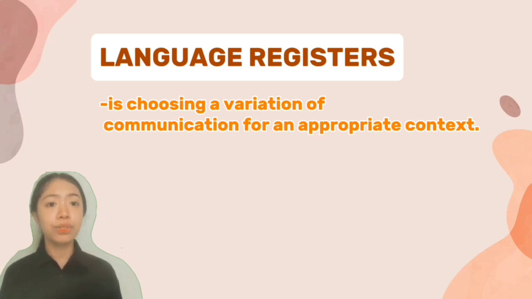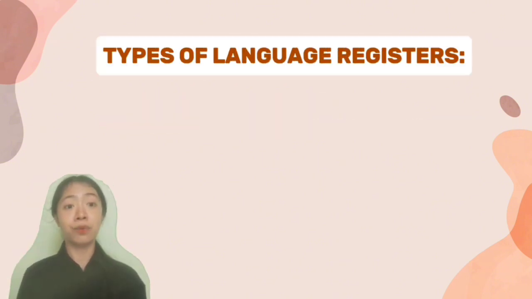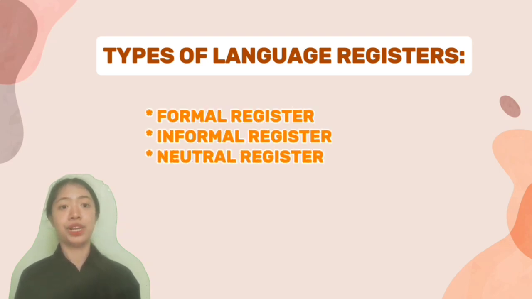It denotes the writer's style of specialized discourse to convey his attitudes of communication to his readers. There are types of language registers: the formal register, informal register, and neutral register.